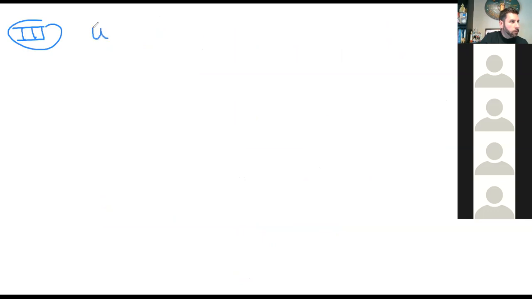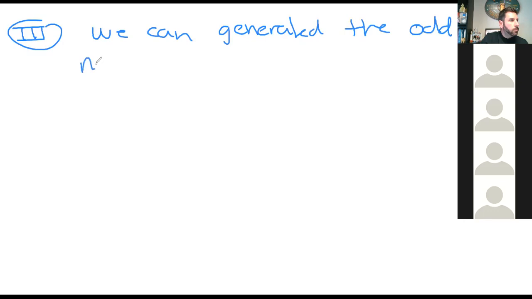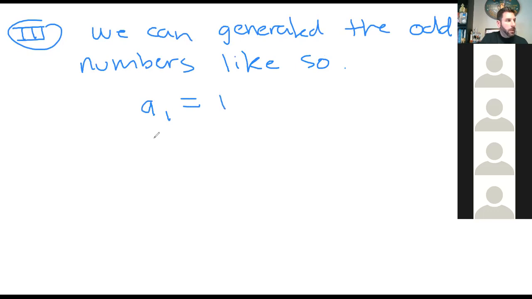So we can generate the odd numbers like so. We can say a sub 1 is 1. And then we can say a sub 2 is a sub 1 plus 2. And then we can say a sub 3 is a sub 2 plus 2.